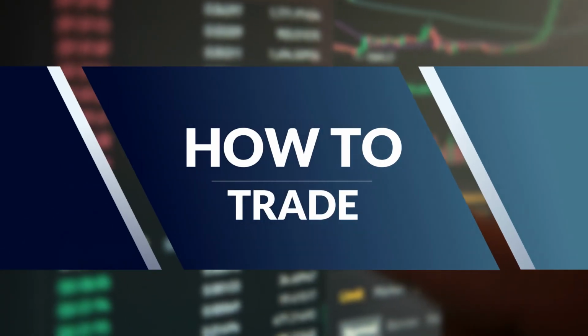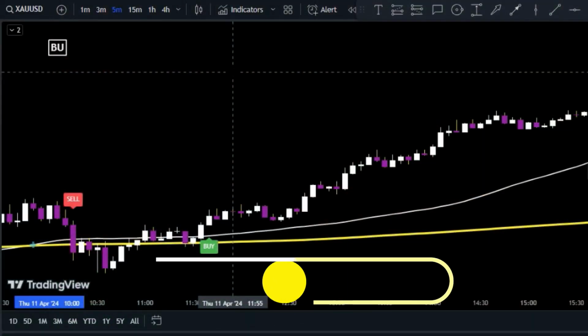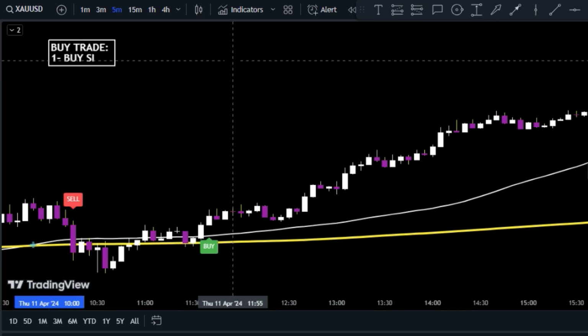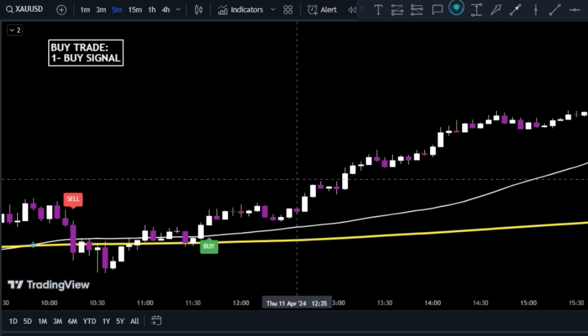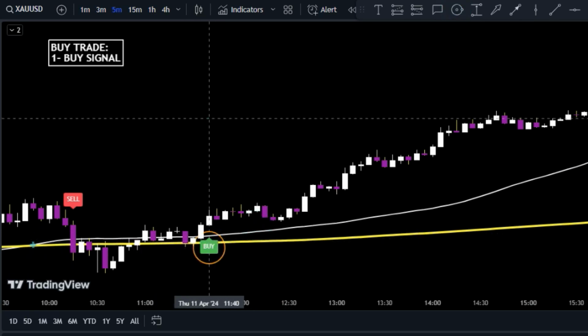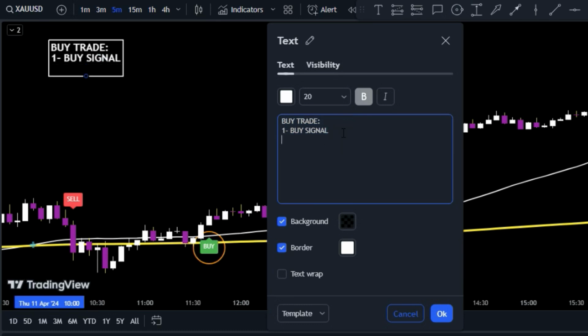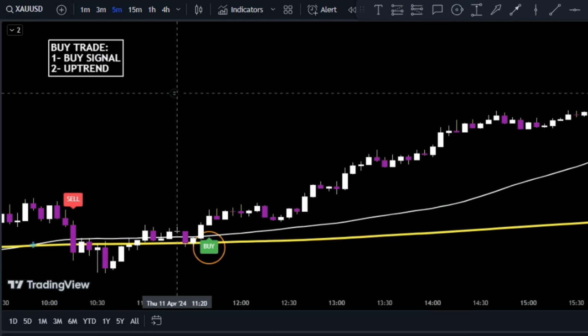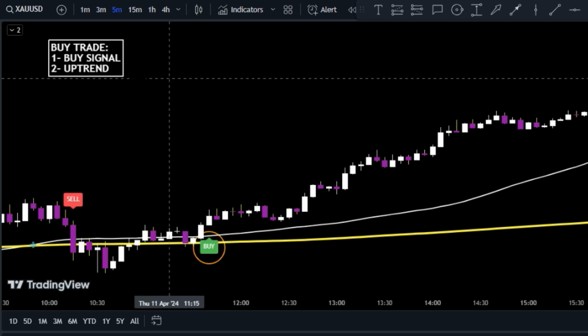Alright, it's time to discuss how to enter a buy trade and manage risk. To make a smart buy trade, you'll need two crucial elements. First, you'll need a clear buy signal to indicate it's a good time to consider jumping into a trade. Next, confirm that the market is experiencing an uptrend, as this can increase your chances of a successful trade.